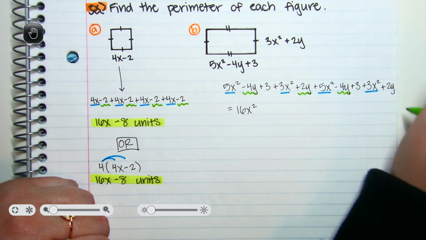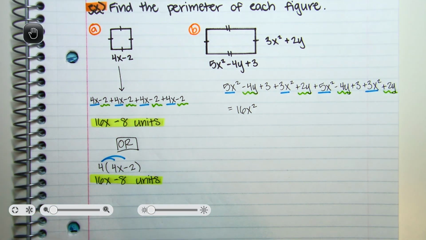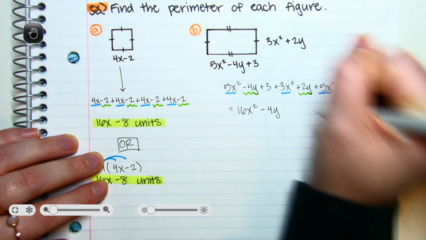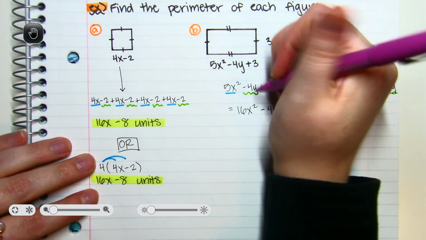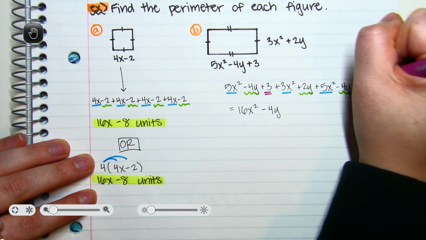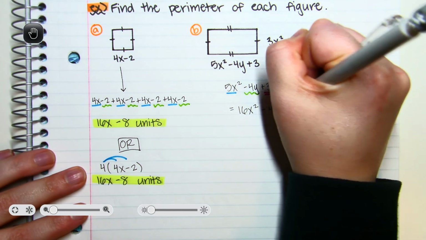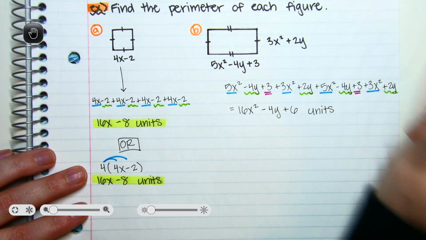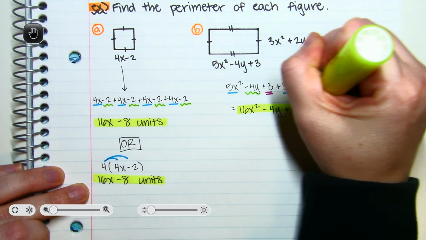Negative 4, positive 2. That gives me a total of negative 4y. And then last but not least, my constant terms, 3 and 3. So 3 plus 3 is 6. And again, we need to write units because it's asking us for a distance, but we don't know what the units are.